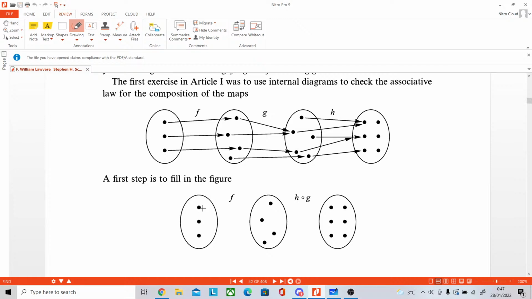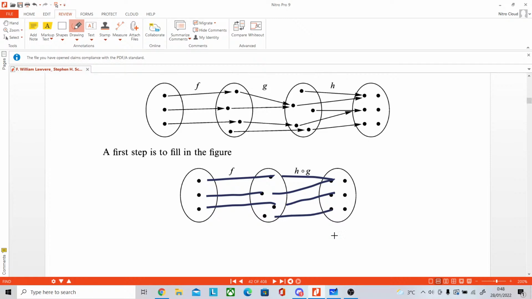So these go here, here, here, and this goes down, up. So here, this goes here, here, which goes here. This goes here, here, which goes here. This goes here, here, which goes here.